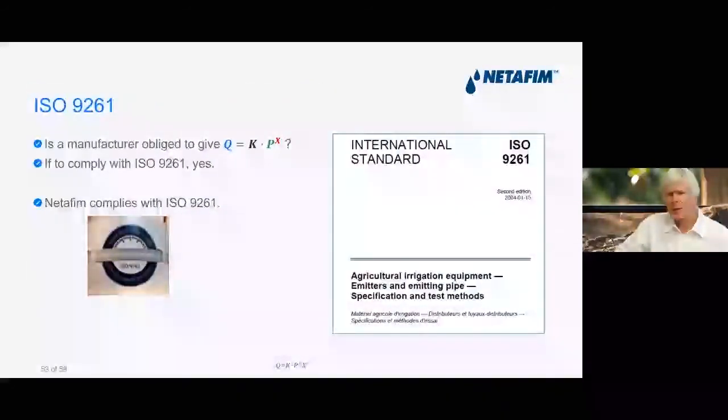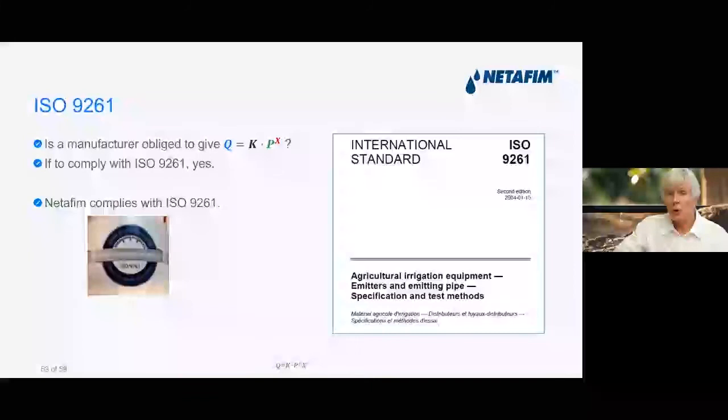In the last webinar, I was asked, with the turbulence coefficient, is it compulsory or obligatory? Are we as irrigation designers obliged to give the value of the turbulence coefficient? My answer to that was no, because as an irrigation designer, you don't really need that figure. I just showed it to compare drippers with drippers and the ability of those drippers to keep clean.